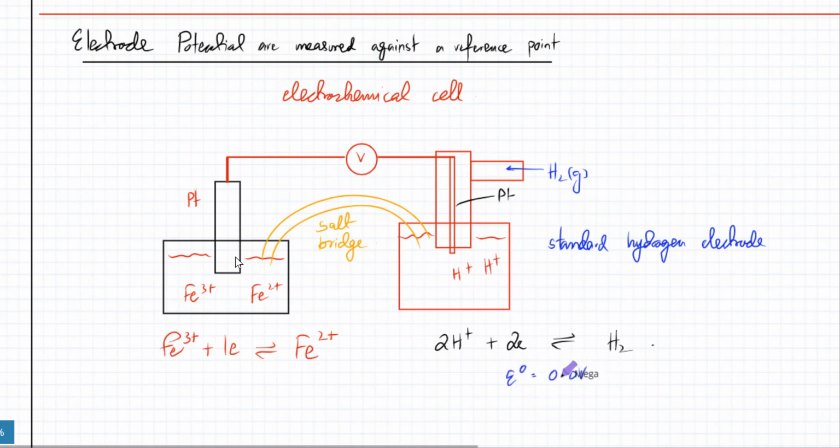So when I say that the E naught for the iron electrode is 0.77, that means that this particular electrode has a higher potential compared to this one. This is 0.77 volts, so this one is 0 volts. Is that clear? Yes.